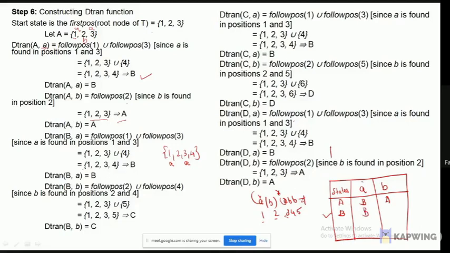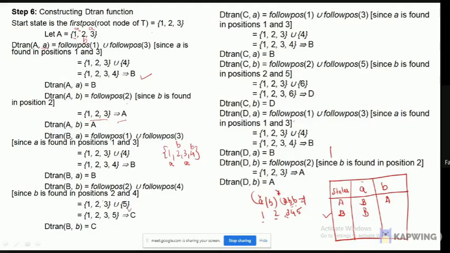Fine. Now the transition from B on input symbol b. 2 refers to b and 4 refers to b. So the follow position of 2 is 1, 2, 3. The follow position of 4 is, you can see from here, 4 is always followed by 5. You can refer to this regular expression itself.